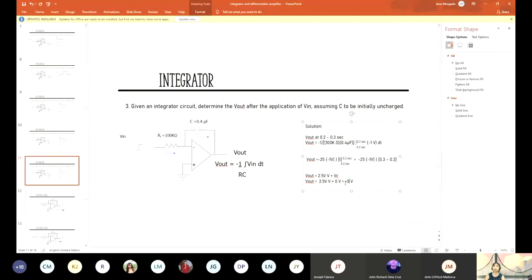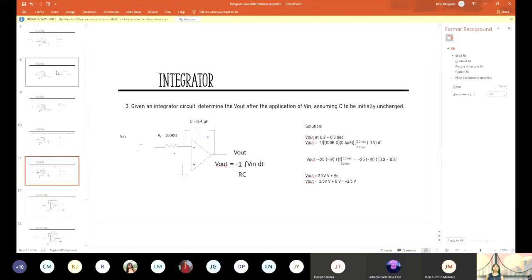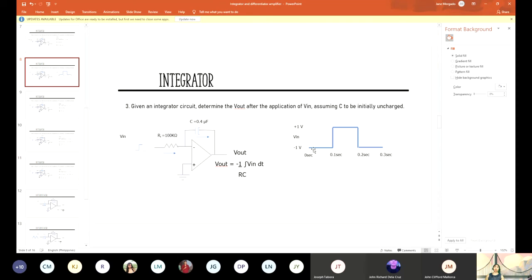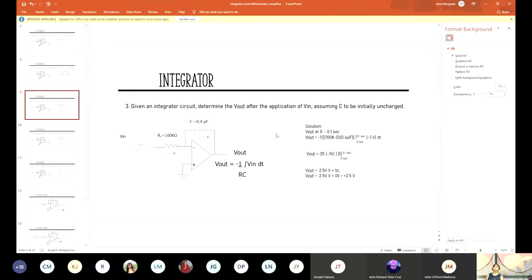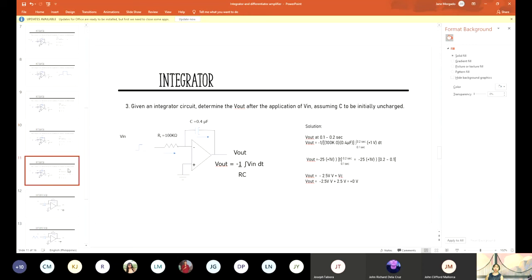So the output now is, of course, 2.5 volts. So if you have an input like this, which varies from negative 1 to positive 1 volts, the output varies from positive 2.5, 0, and back to positive 2.5.